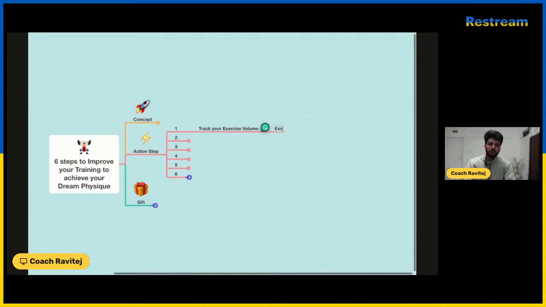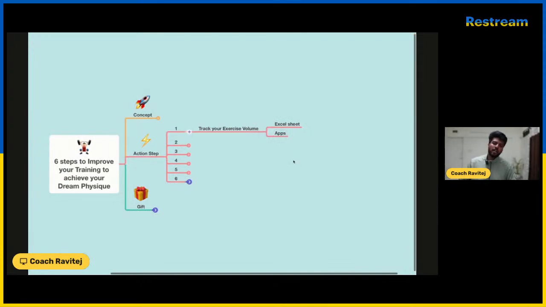So tracking your exercise volume is very simple. Put it in an Excel sheet, or there are some apps. I'm not getting the app name right away, but I'll put it in the comments, in which app you can track your exercises.